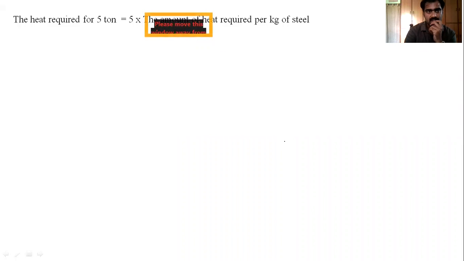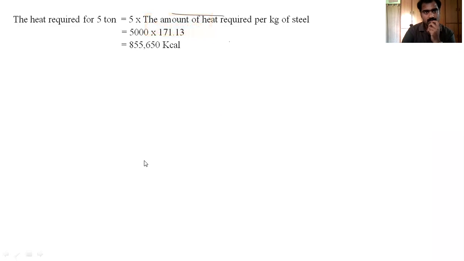So the total heat required for 5 tons: 5 tons means 5000 kg, since 1 ton is equal to 1000 kgs.